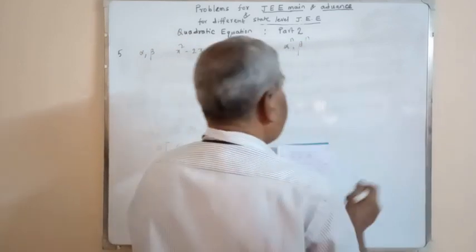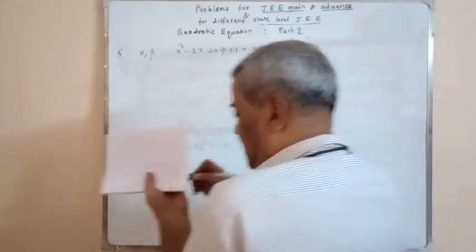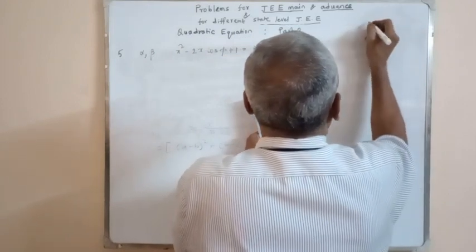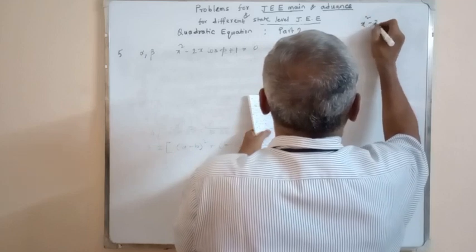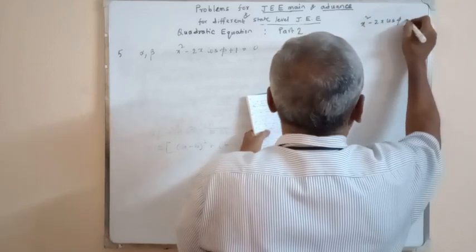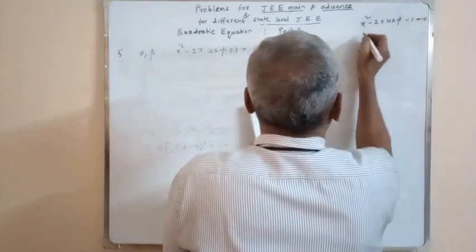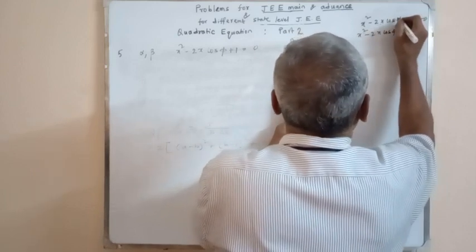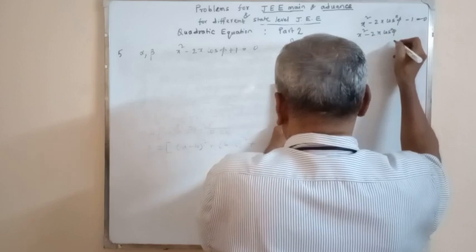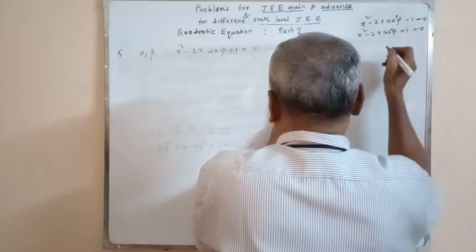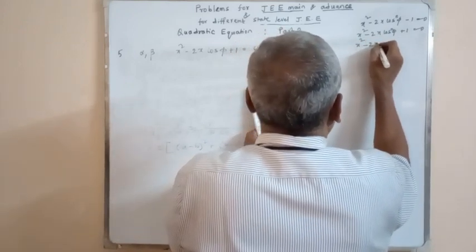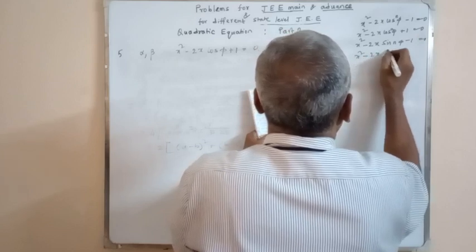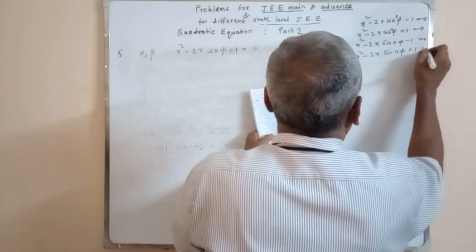The options are: x square minus 2x cos phi minus 1 equal to 0; x square minus 2x cos n phi plus 1 equal to 0; x square minus 2x sin n phi minus 1 equal to 0; x square minus 2x sin n phi plus 1 equal to 0.